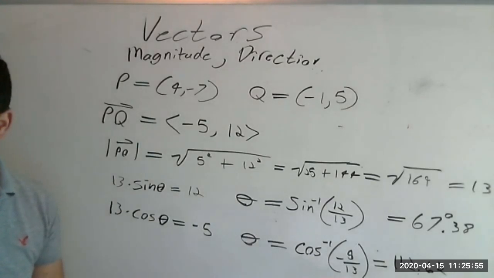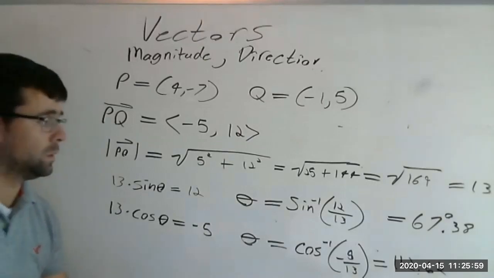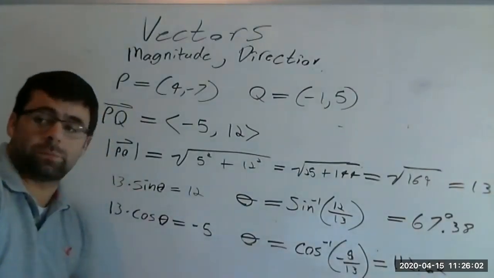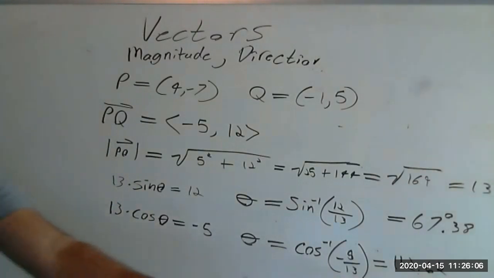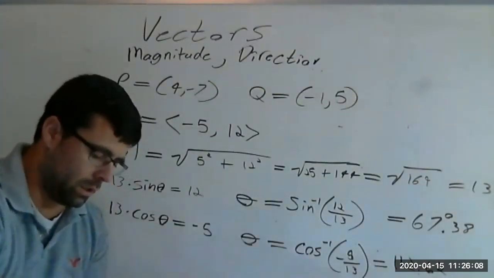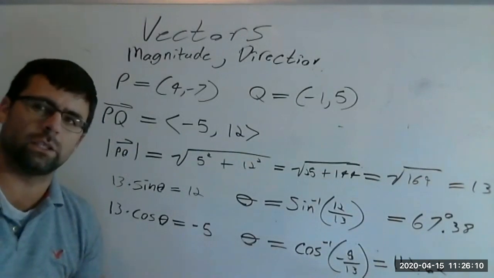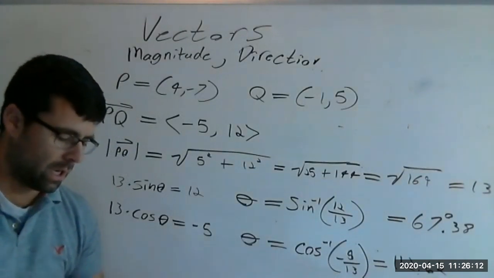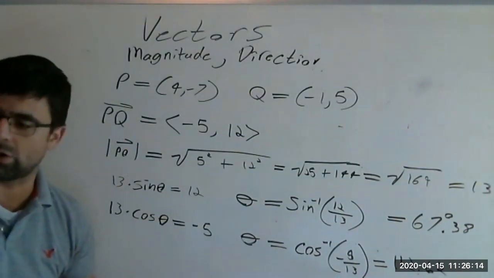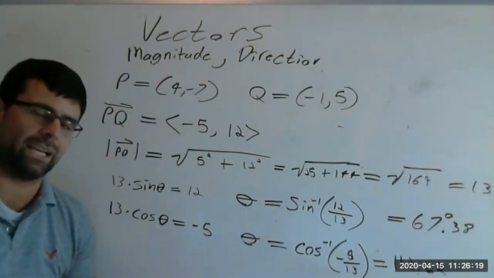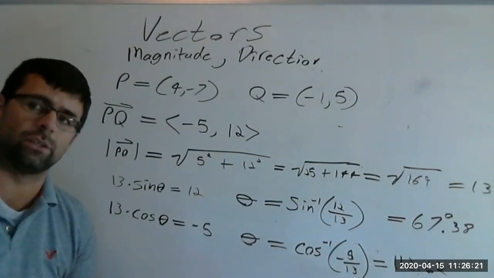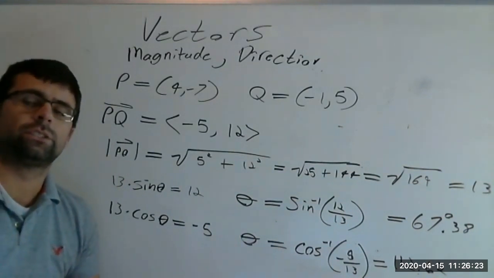So this is part of the thing that you have to watch for: you have to think about what the vector means. And sine and cosine are only adequately defined in certain ranges.